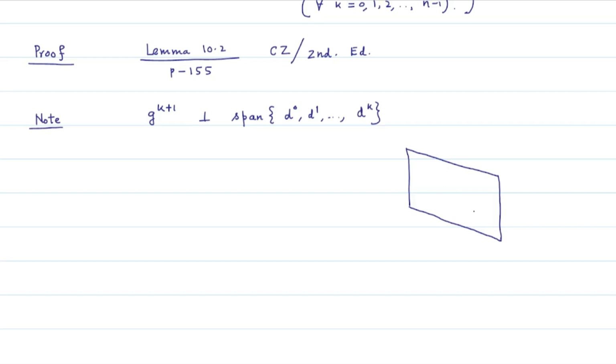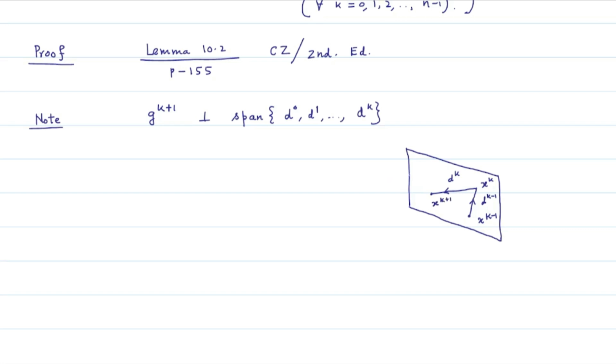That is, let's suppose after visiting so many points, we have reached the point xk-1. Then the trajectory of the conjugate direction method is that from xk-1 we move along the direction dk-1, reach the point xk, then we move along the direction dk and reach the point xk+1.